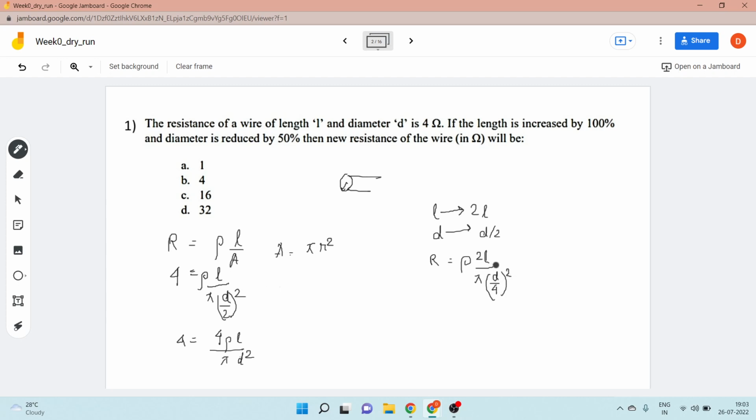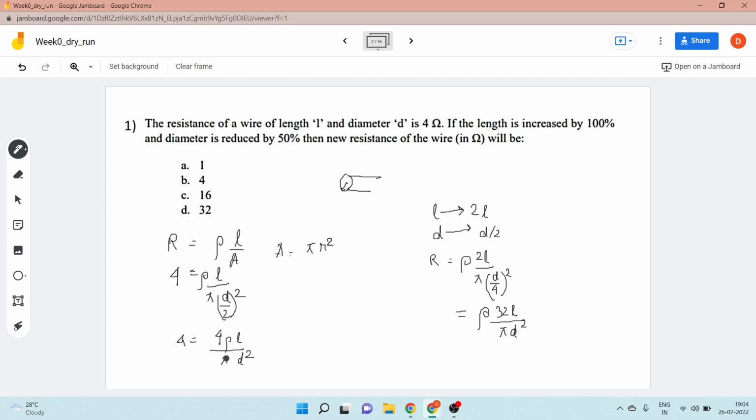The reason is radius is half of diameter, and since diameter has decreased by 50%, it will be d by 2 by 2, that is d by 4 whole square. So if I write it properly, 4 square is 16, and if we take it up and multiply with 2, we will get 32 rho L by pi d square.